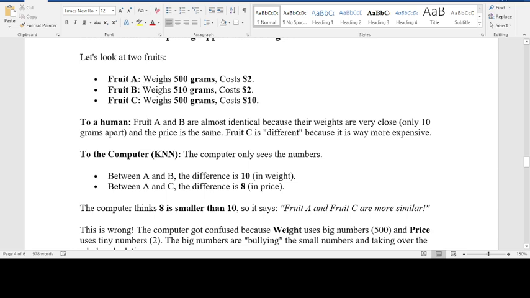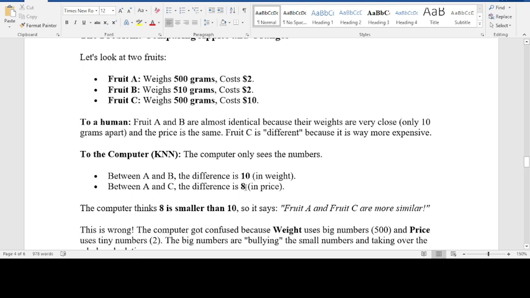That we understand. But the system understands differently. For A and B the weight difference is 510 minus 500, it is 10. For A and C it is 8. The system thinks that 8 is a small value, so it says A and C are similar, which is wrong, because A and C are actually different.